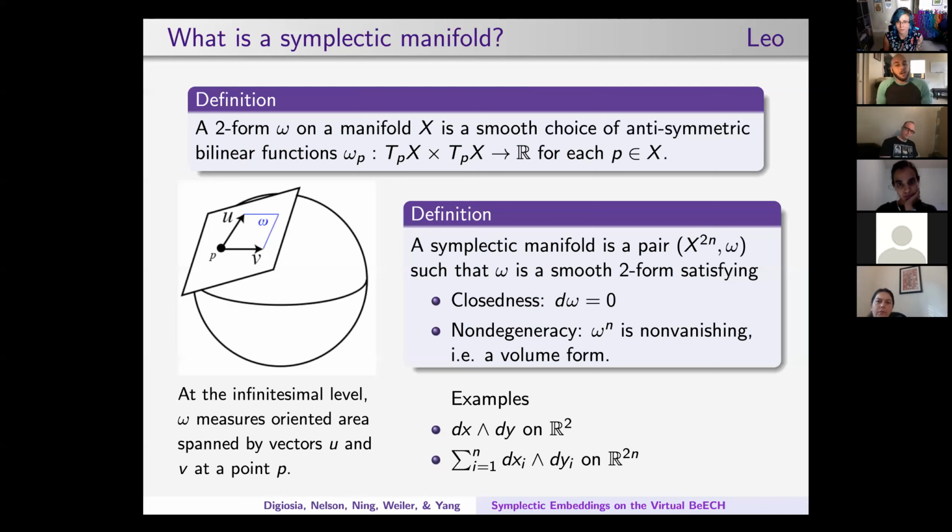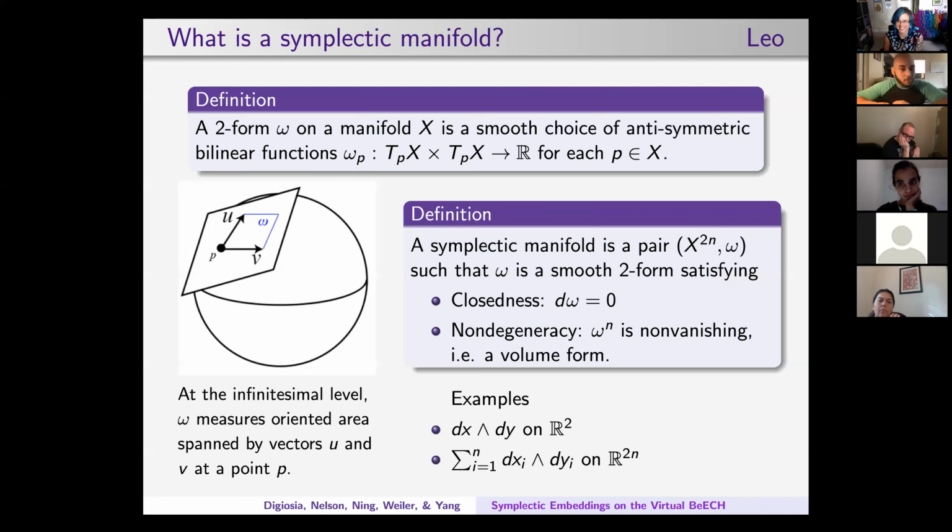But the other property, maybe easier to understand at face value, is the non-degeneracy condition. There are two ways to state it. You can take the n-fold wedge product of the two form with itself, and you'll get something non-zero. But another way to say it, and this is how Sue Tolman explained it when she came to Rice last year, which was kind of nice: every non-zero vector has a friend.